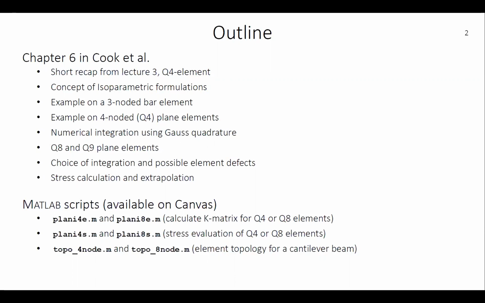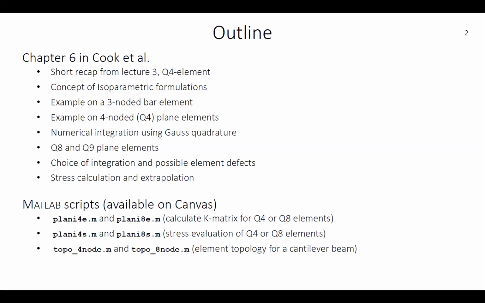I will show some of the concepts of higher order elements, such as the Q8 and Q9 plane elements. The concepts are somewhat the same, but they get increasingly more difficult or tedious to solve, I suppose. But they have some important features compared to the 4-noded elements.